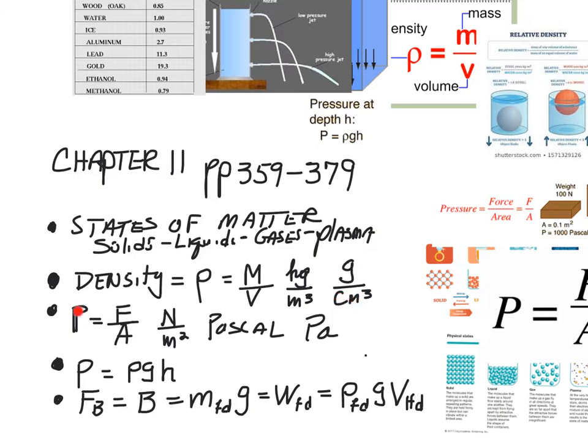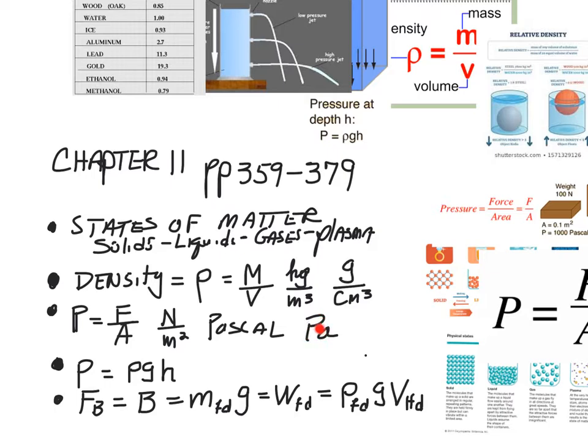Then we move into the concept of pressure. And pressure is a force concept, but it's different from force in that it's force divided by the area. So it has units of newtons per meter squared. That unit is given a name. It's called a Pascal, and when it's written out, it's uppercase P, lowercase a.